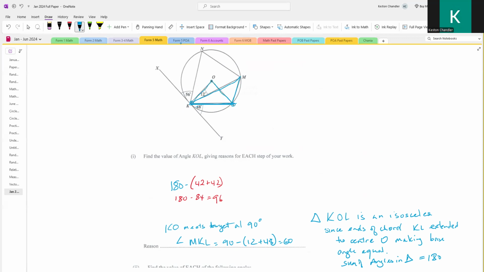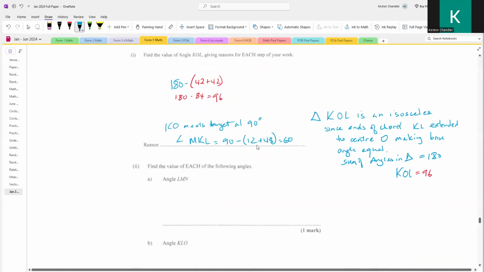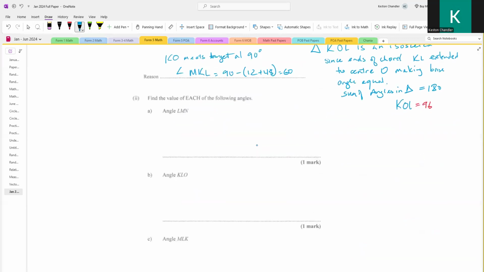This is the angle at the center, and this is the angle at the circumference. What's the rule for the angle at the center and the circumference? The angle at the center is twice the angle at the circumference. So if this is 96, the one at the circumference is going to be 48. LMN is going to be 48 degrees.